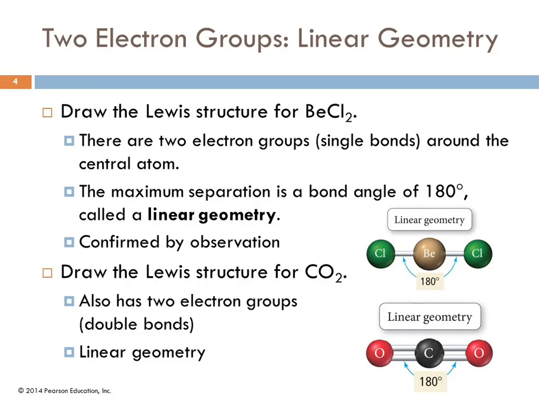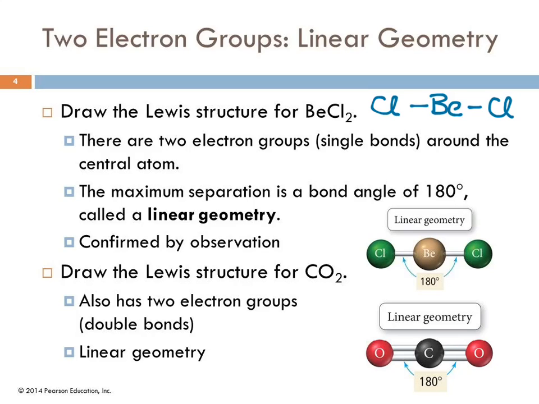So let's look at the Lewis structure for beryllium chloride. Well, beryllium dichloride. We'll call it a molecular compound. So that would be beryllium here, and chlorine, and chlorine. How many valence electrons are we dealing with here?